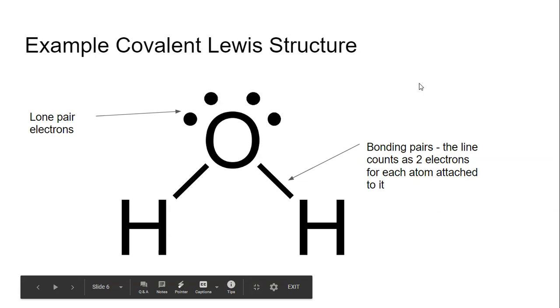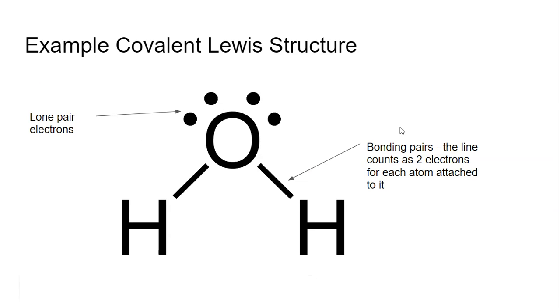So if we use water as an example, the rule for covalent compounds is the least electronegative element in the bond is the center part of the molecule, unless carbon is there, in which case carbon is always the center part of the molecule, and hydrogen never is.